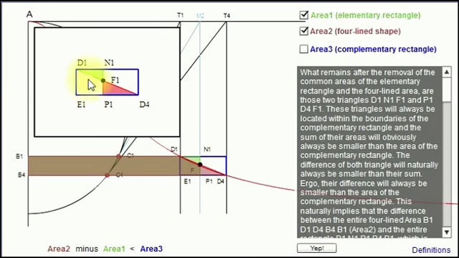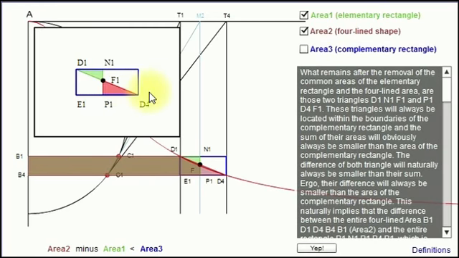Hence we would be able to remove this little section and we will get these two triangles, the triangle D1, N1, F1, which is the remaining part of the elementary rectangle, and the remaining part of the quadrilinear shape being the triangle P1, F1 and D4.